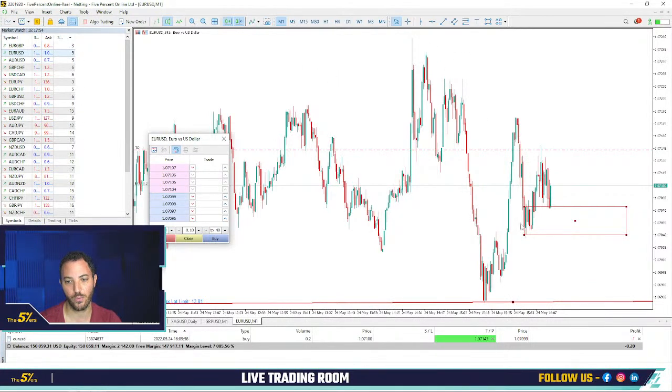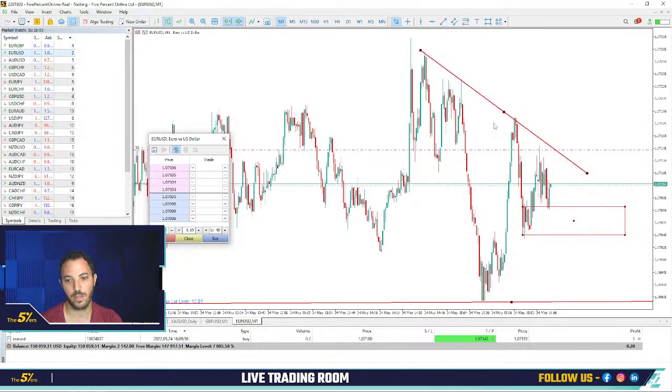You can see we're forming both lower highs and higher lows, so we're kind of pressing. So this is just building momentum, and at some point it's going to break out in either direction.